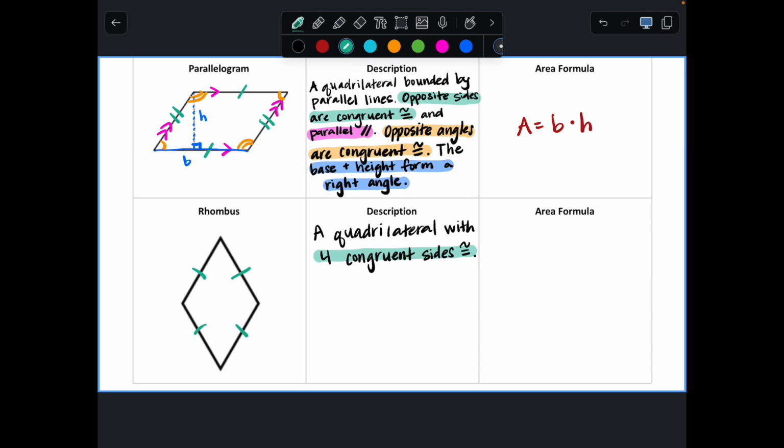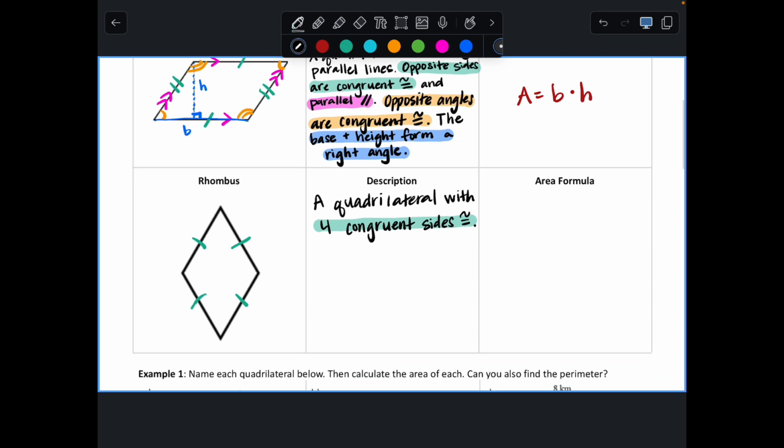They are all the same length. And the opposite angles are congruent. So these 2 angles are congruent and these 2 angles are congruent.